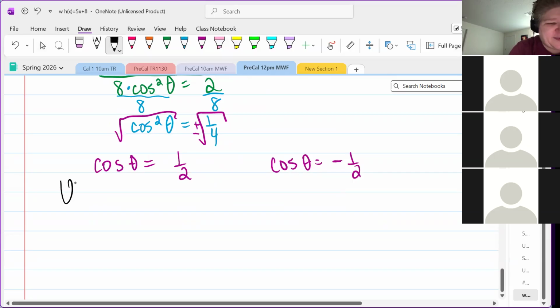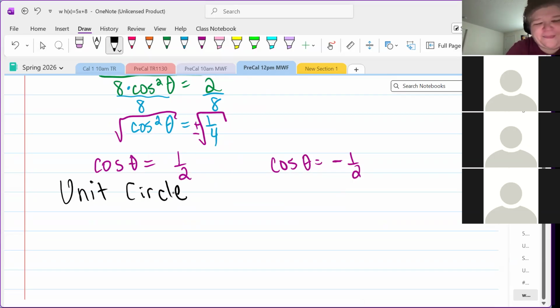Now, this step is where we go to the unit circle. So cosine of theta is 1/2. That's the x-coordinate. The x-coordinate is 1/2 at pi over 3, and then in quadrant 4 at 5 pi over 3.